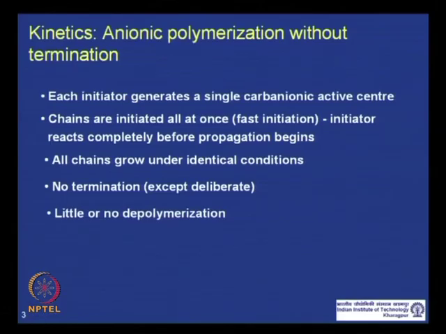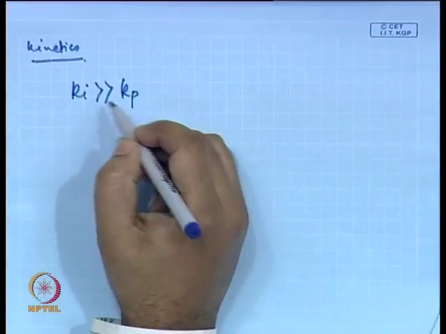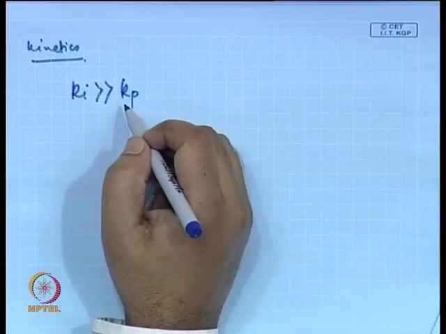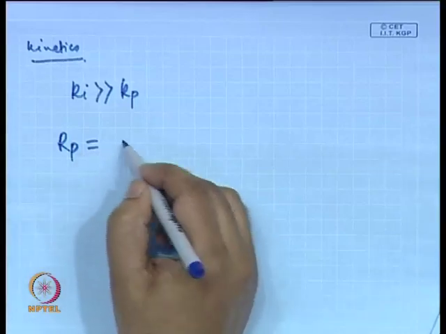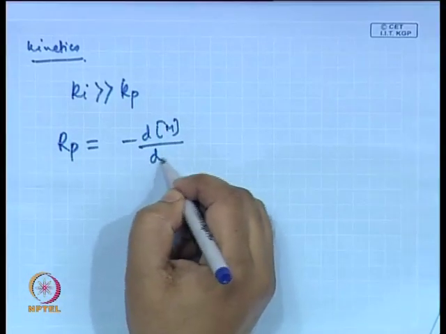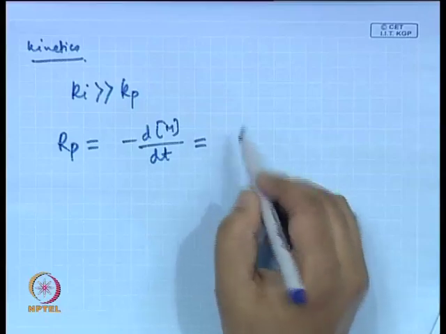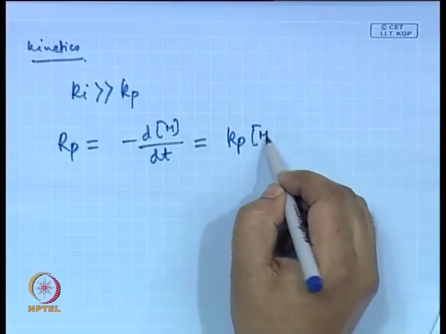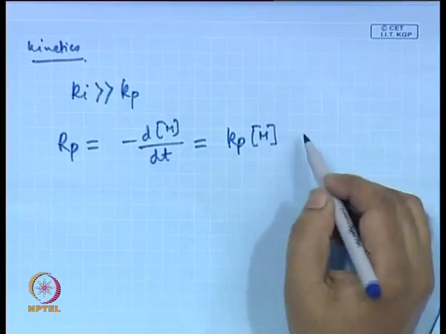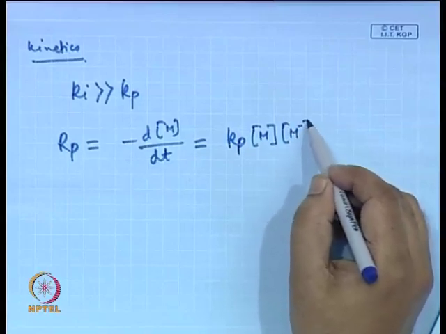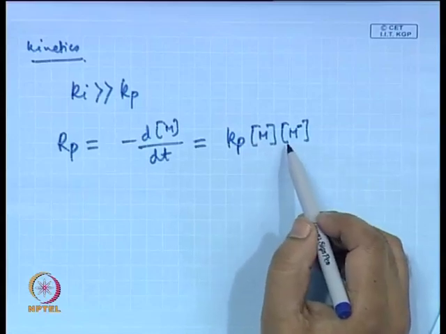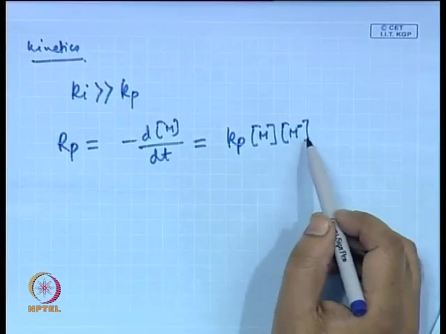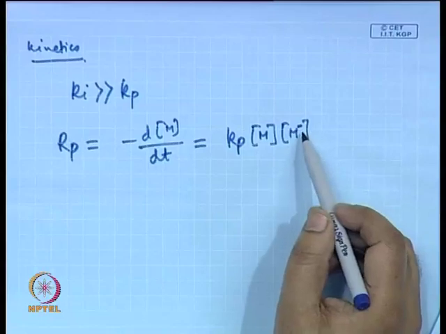So, we can write that k_i is much higher than k_p, the rate constant for the polymerization, and the rate of polymerization, which is again the standard way of writing k_p. As we can remember from the discussion for radical polymerization, it is a bimolecular reaction between a monomer and a carbanionic chain end.